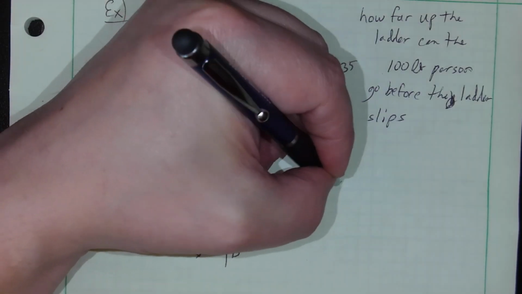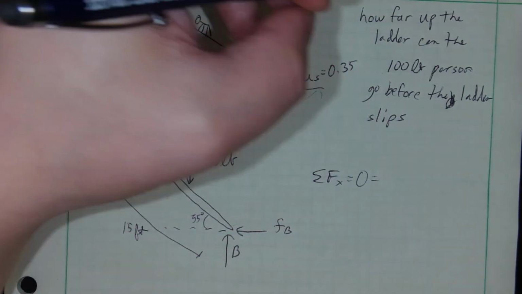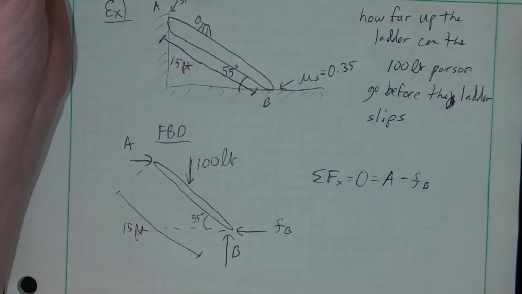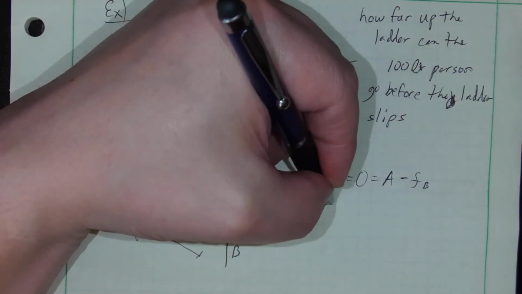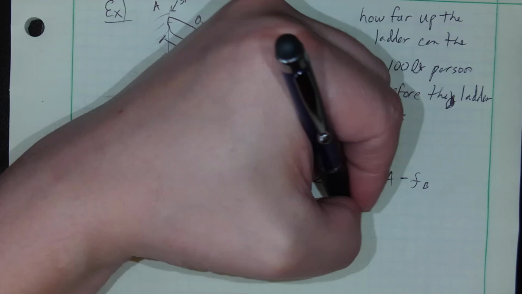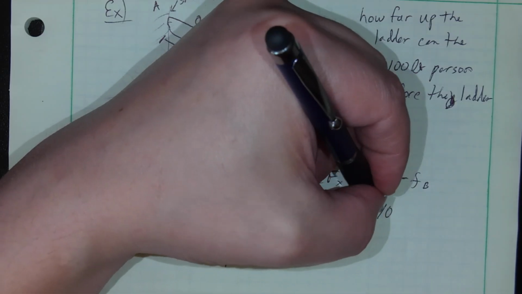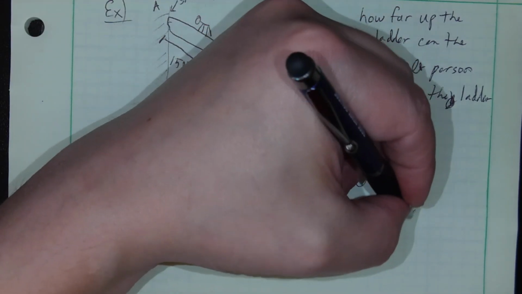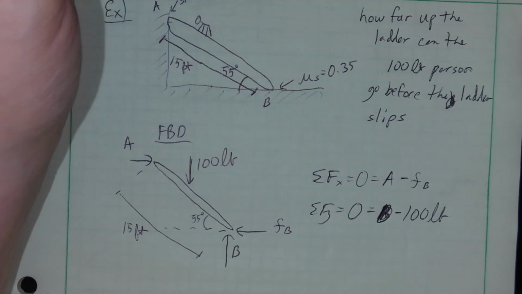So let's just do sum of forces in the x. Should be able to do these pretty quick. I'm going to have A minus friction at B. Sum of forces in the y, that's going to equal 0. I'm going to have positive B minus the 100 pounds. Okay.